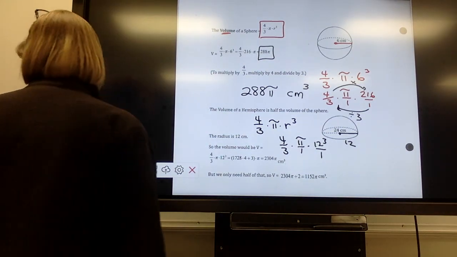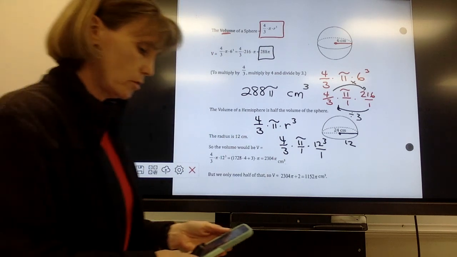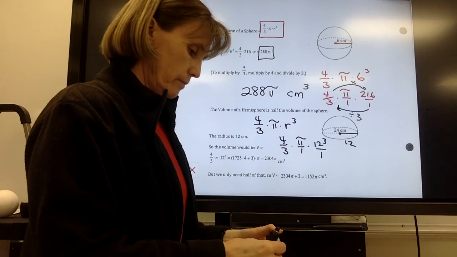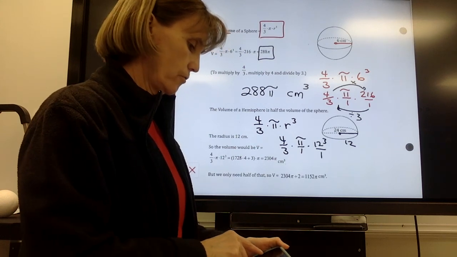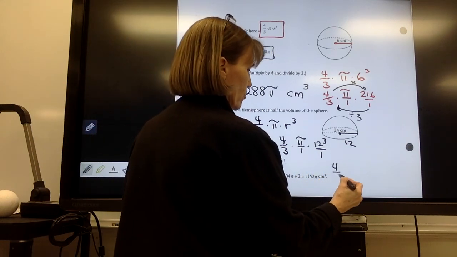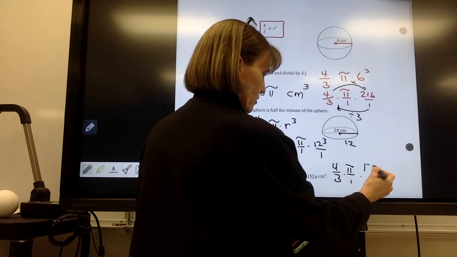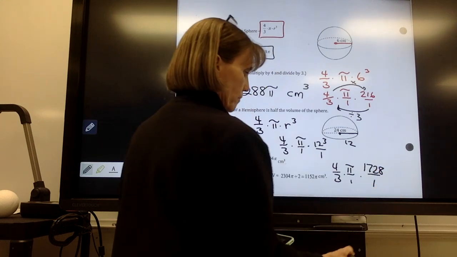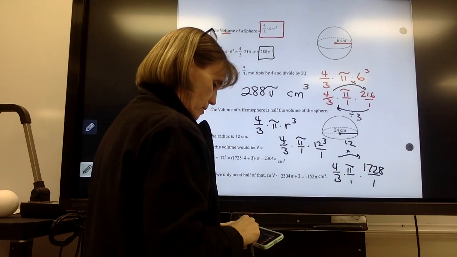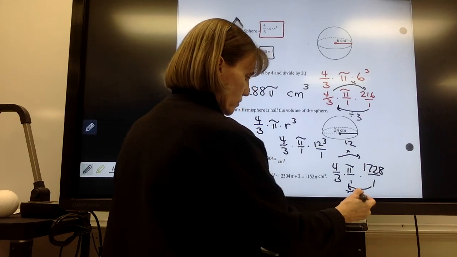Okay, so I'm going to go grab my phone here so I can do 12 times 12 times 12. I'll just do 12 and let's cube it. So this is going to be 4/3 times pi over 1 times 1,728 over 1. So again, we can multiply that times 4, and then you want to divide by 3.